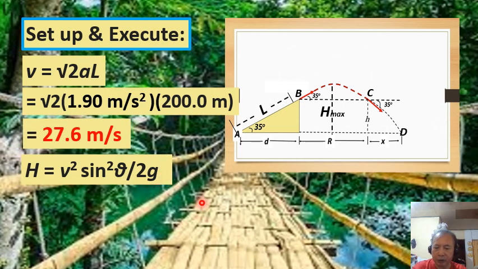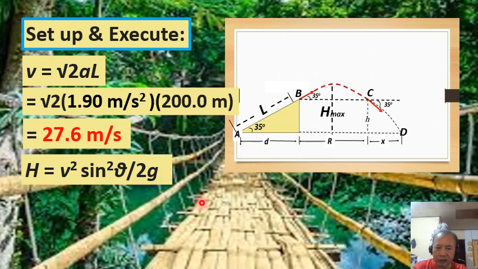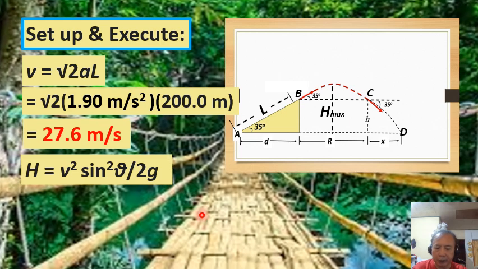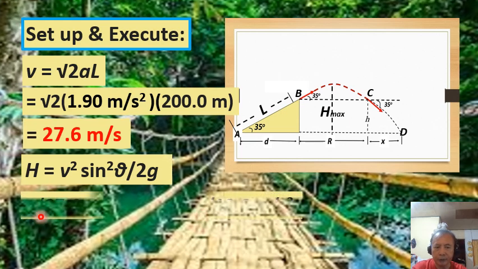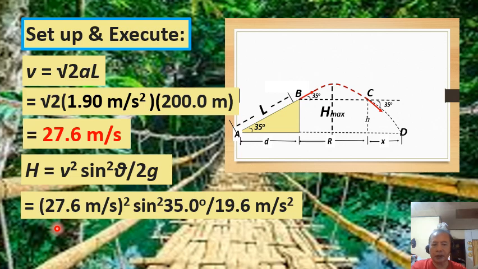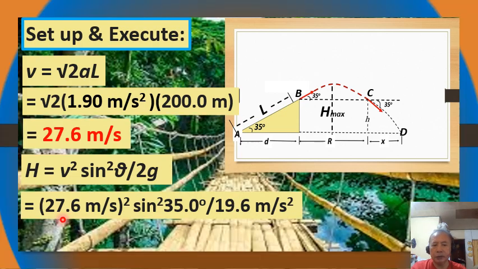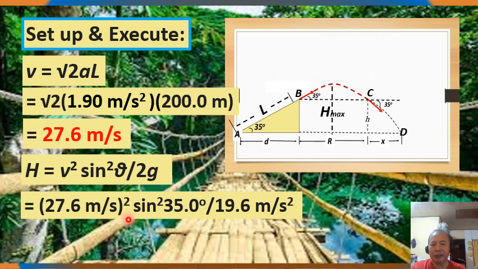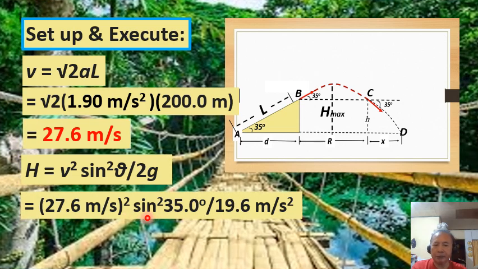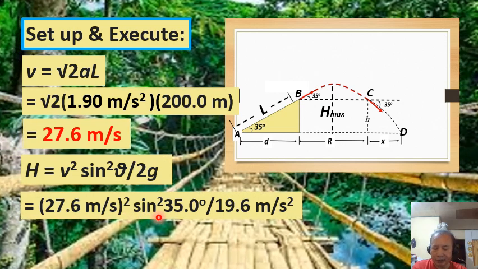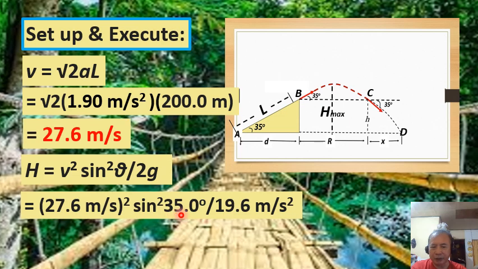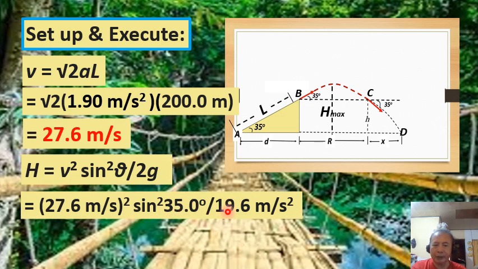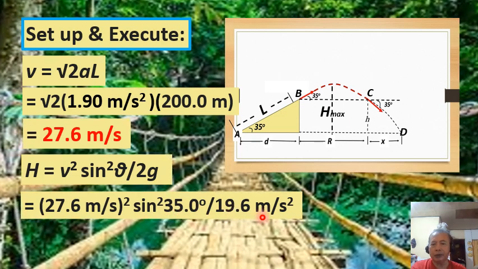So substituting the quantities into this formula, we have capital H equal to the square of 27.6 meters per second multiplied by the square of the sine of 35 degrees, and then divided by 19.6 meters per second squared.